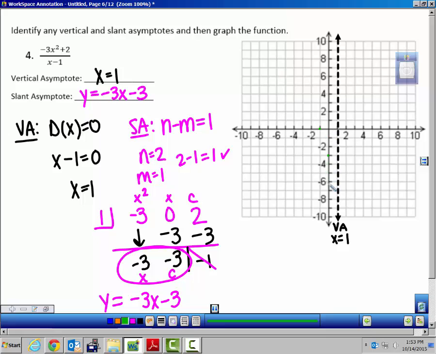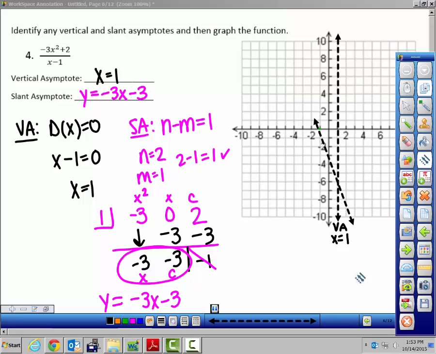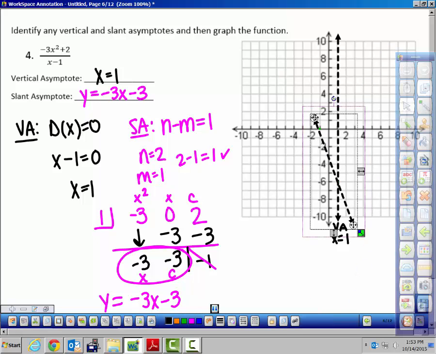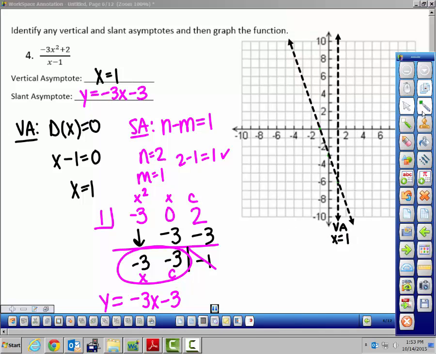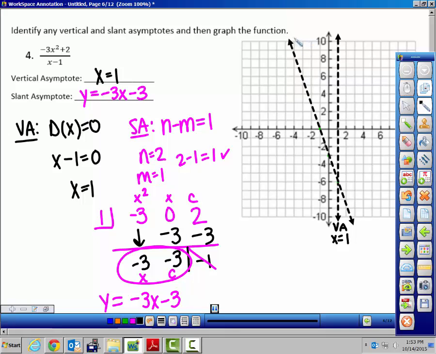Or if you go down 3, you can go right 1. So you get a few points to plot, and you can draw your line through those points. Let me extend mine out a tad. Okay, so there's your vertical asymptote, and it needs to be labeled as well.